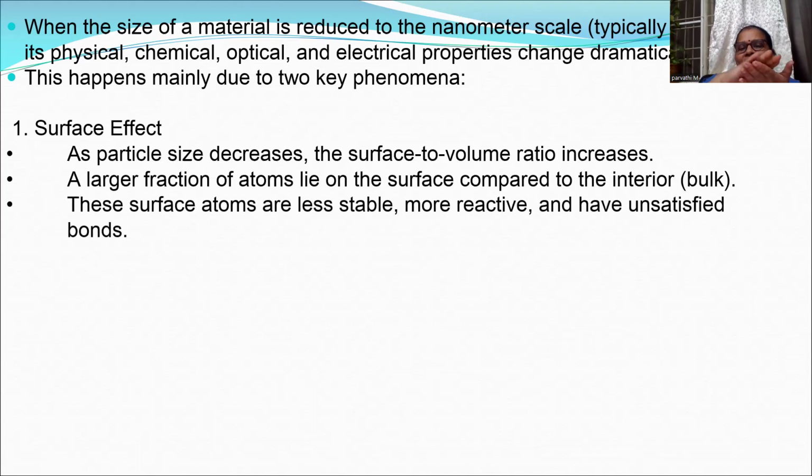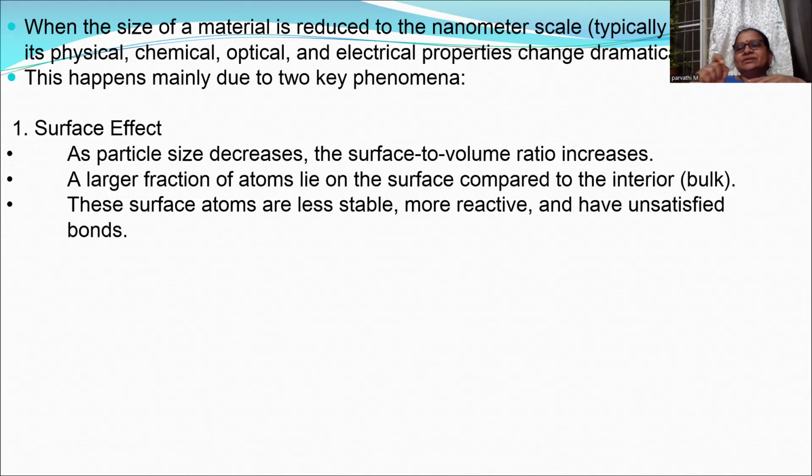Generally, in bulk material we observe atoms inside, but when the material is tiny, the particles are available on the surface itself, not inside the bulk. As the particle becomes like a layer, all the atoms appear on the surface itself. So the surface atoms are less stable.